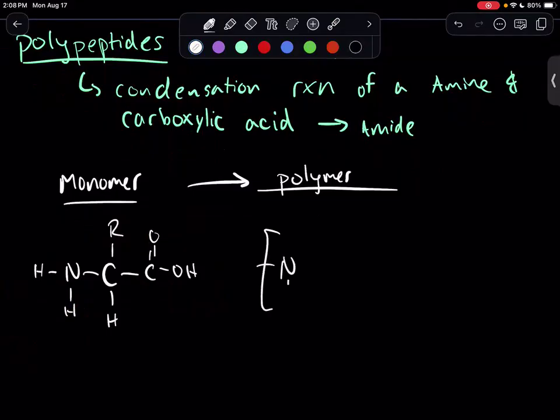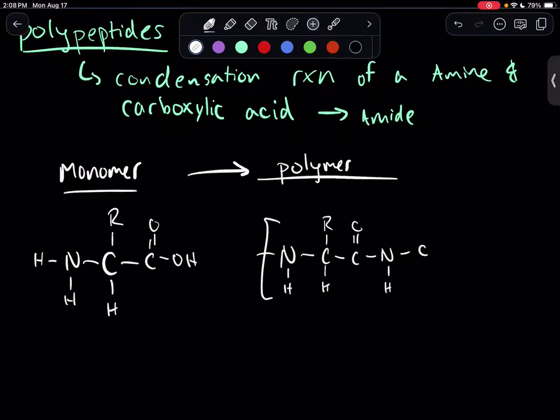So we'll just cut it off, N, H, C, our R group, H, C, double bond O, single bond nitrogen, bond hydrogen, bond carbon, second R group, H, C, double bond O, and we'll cut it off there. And we have n repeating units with our amide right in the middle. And there's our polymer of an amino acid or our polypeptide. So that's about it for those.